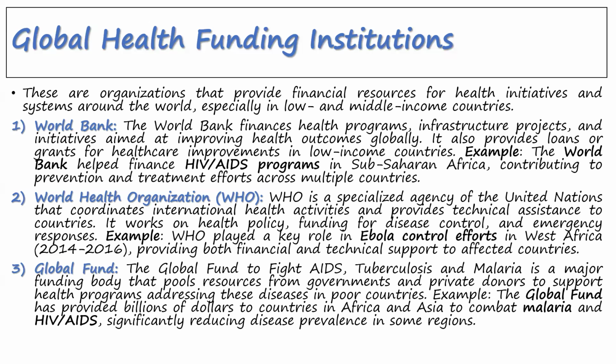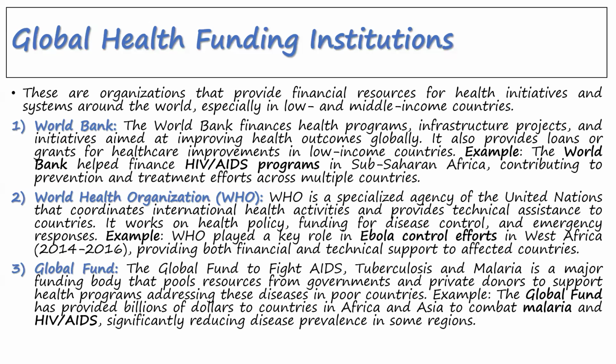Then number three, you have the Global Fund to fight AIDS, TB, and malaria. They normally focus on these three areas: AIDS, TB, and malaria. It's a major funding body that pools resources from governments and private donors to support health programs.